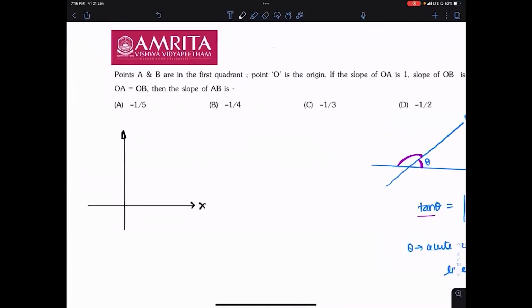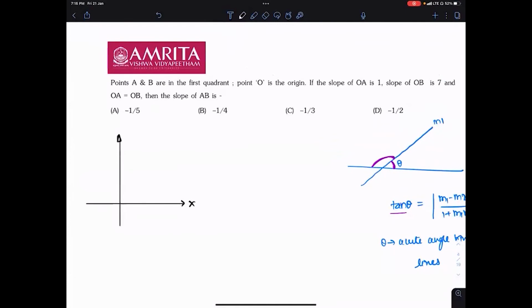Slope of OA is 1, slope of OB is 7. This line's slope is 1, and this line's slope is 7. Now what are they asking? OA equals OB, these two are the same. Then they are asking the slope of AB.